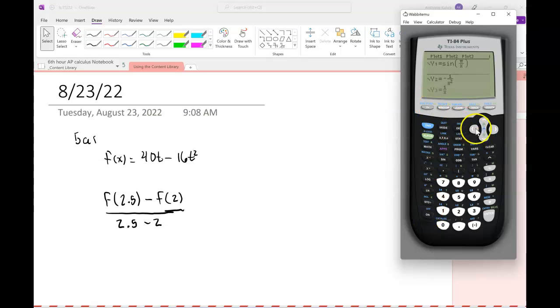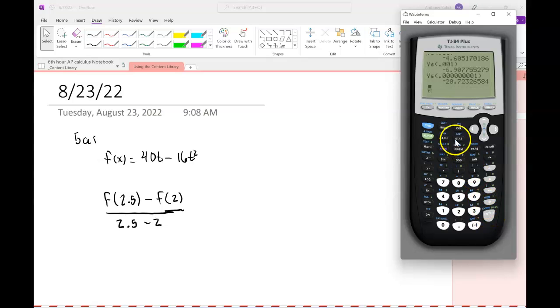The easiest way to probably do that is to type in 40x minus 16x squared into my y equals menu here. And then I can just exit out.